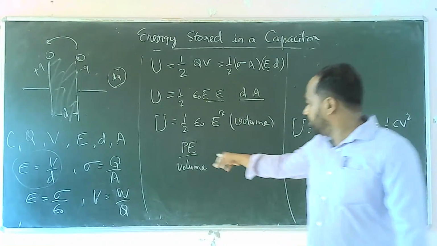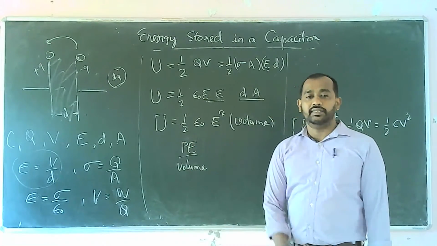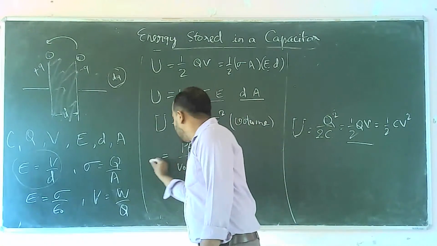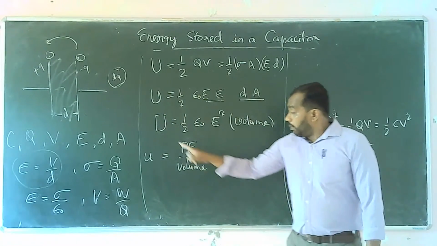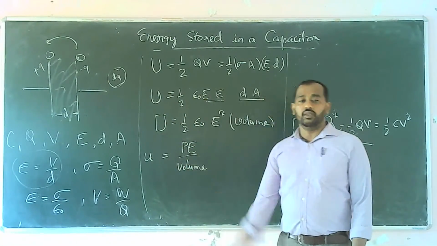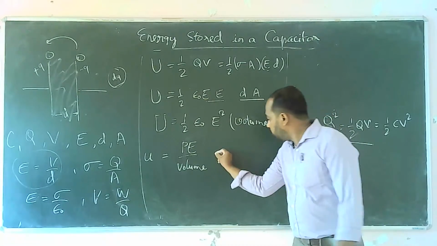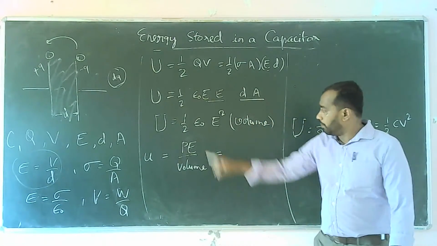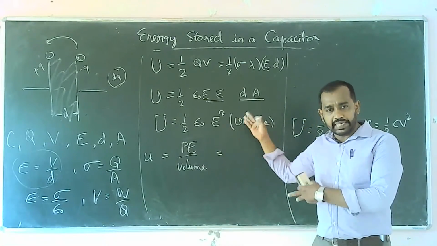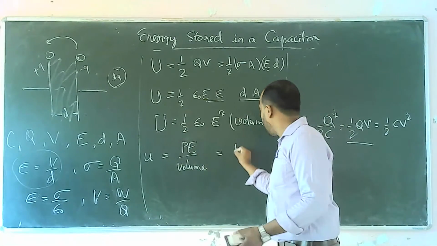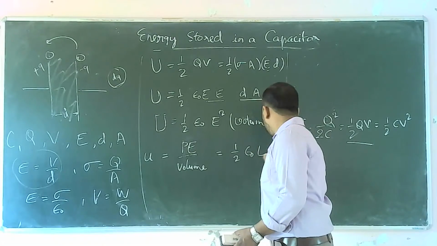Which density? Numerator. It is energy density. So this energy density is represented by small u. Potential energy per unit volume. What is its value? The potential energy is this much divided by volume. Volume can cancel. Remaining term is half epsilon naught E square.